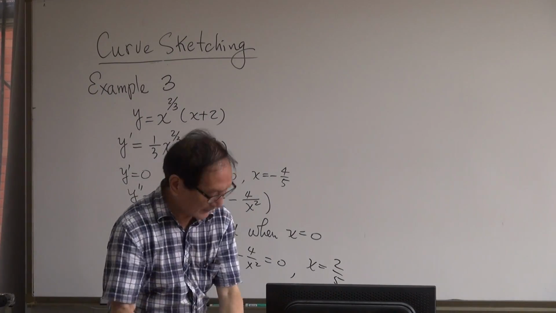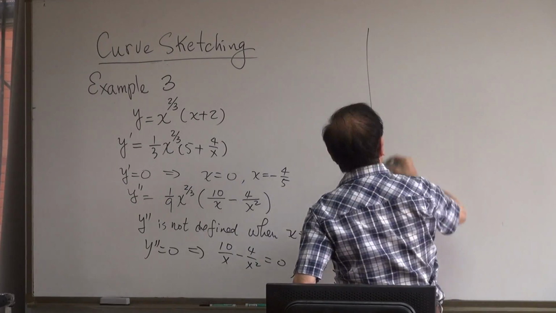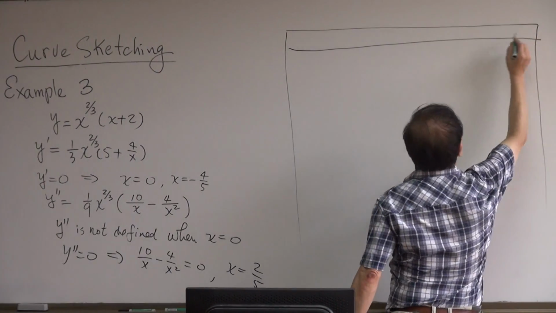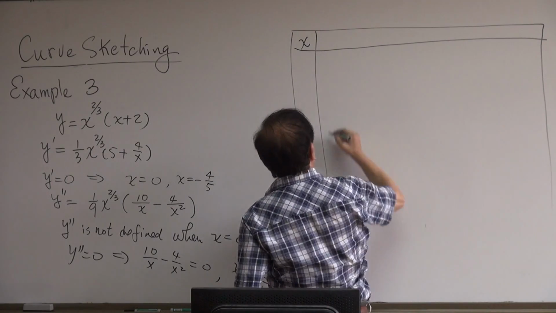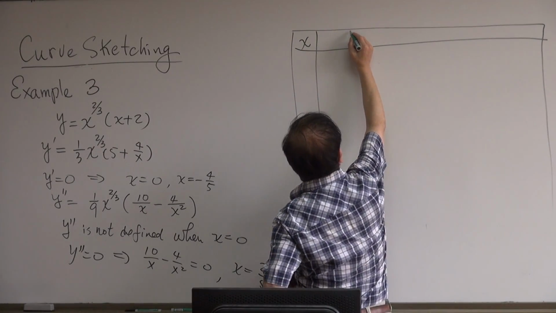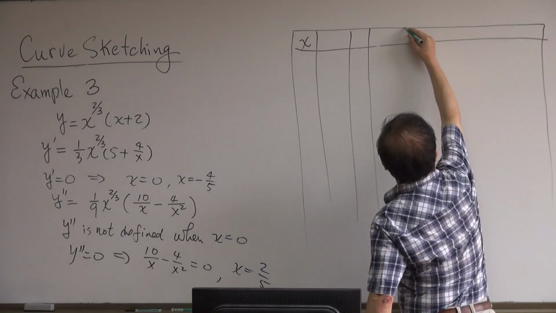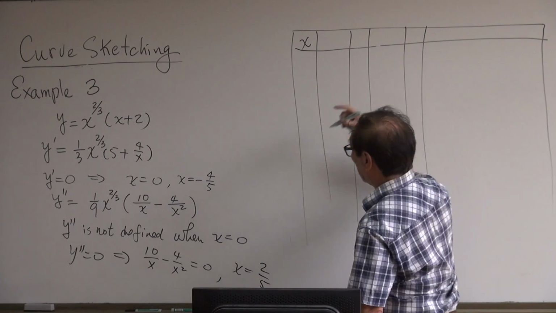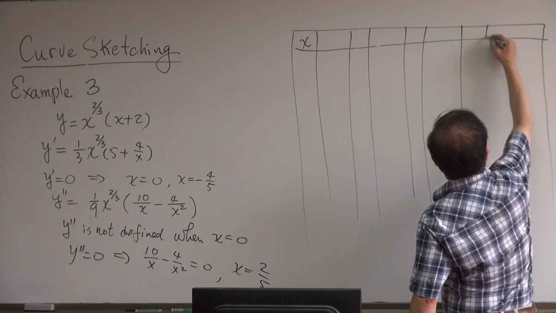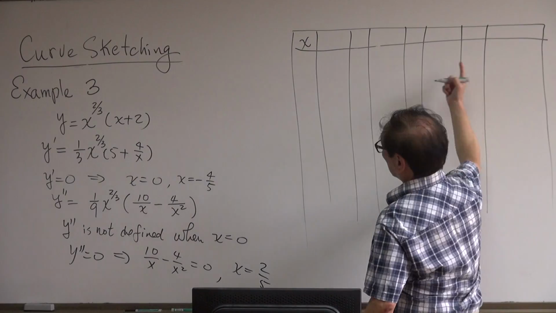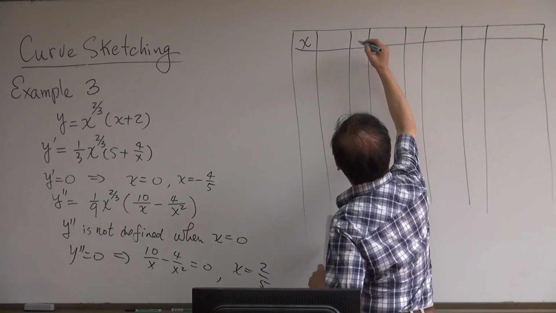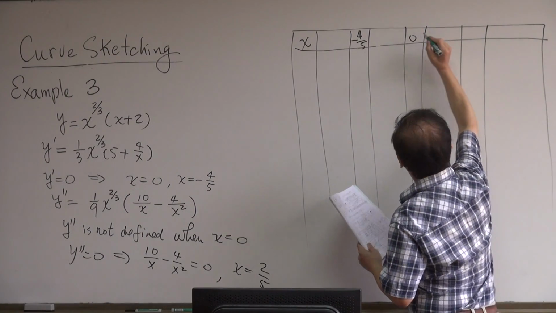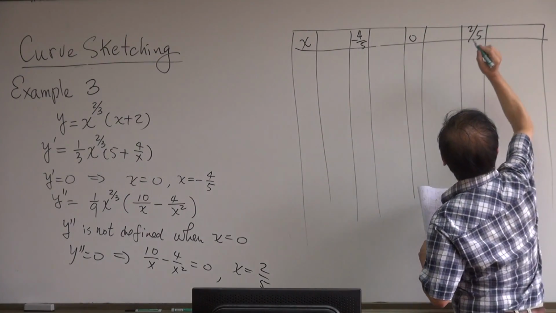Alright, so let's lay out the picture by summarizing the information into intervals. x. How many points? 1, 2, 3. 3 points. The first point is minus 5 over 4. The second point is 0. And the third point is 5 over 2.